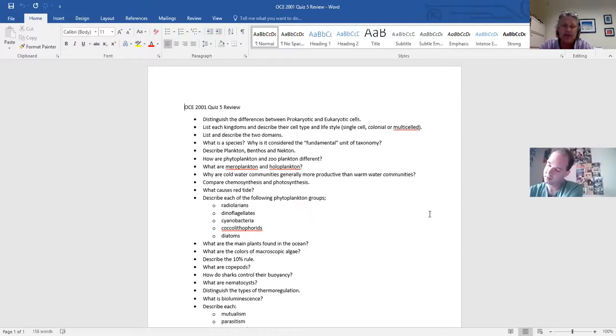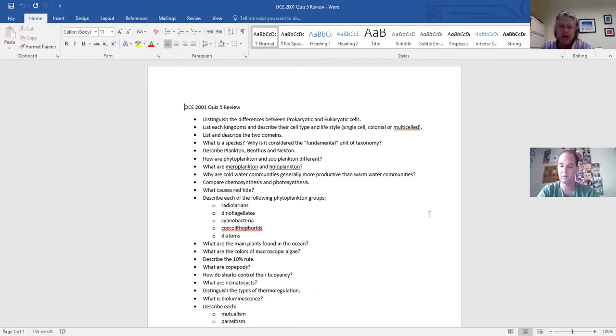Chemosynthesis is the metabolism of chemicals, mainly sulfur-based chemicals like hydrogen sulfide, into the metabolism of carbon dioxide into the carbohydrates used for energy. Photosynthesis is a similar reaction, the metabolism of carbon dioxide into carbohydrates. It uses light, and it's far more effective.